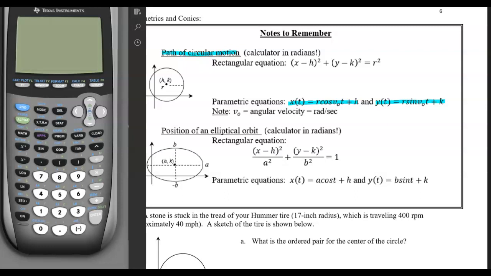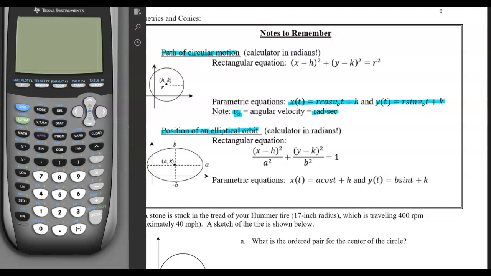Now in this case, circular motion is actually more complex than elliptical motion because circular motion deals with velocity. So here, most times we're honestly going to have to solve for velocity because circular motion parametric equations only deal with radians per second.